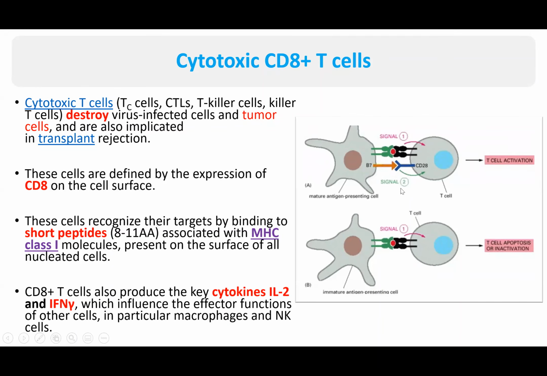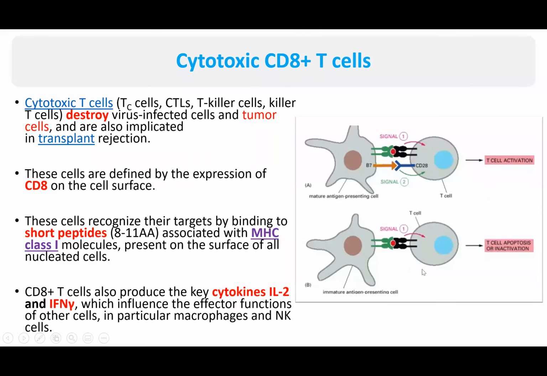And again, we need signal 2. Signal 2 comes from binding of CD28 on the T cell with B7 molecules, or co-stimulatory molecules like CD80 and CD86, on dendritic cells. When we have the two signals, CD8 positive T cells are active and they can recognize the antigen of the cancer cell and attack the cancer cells, leading to their elimination.